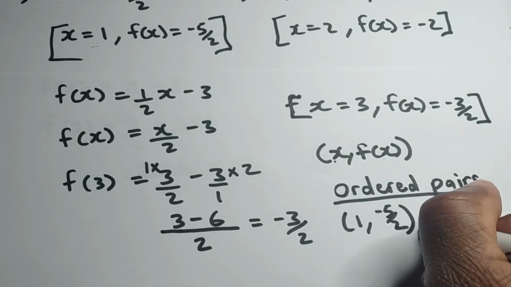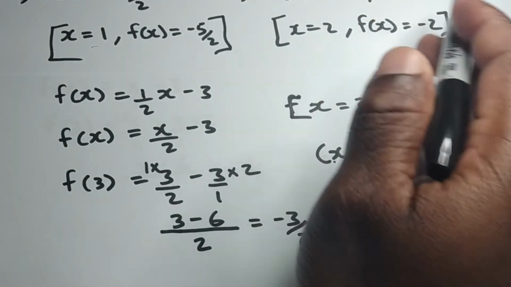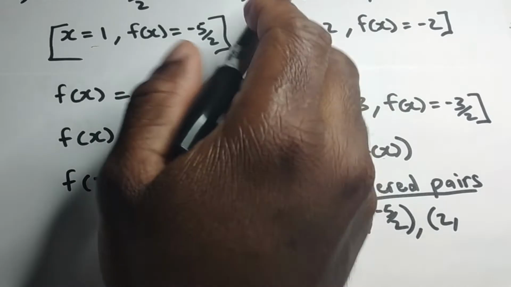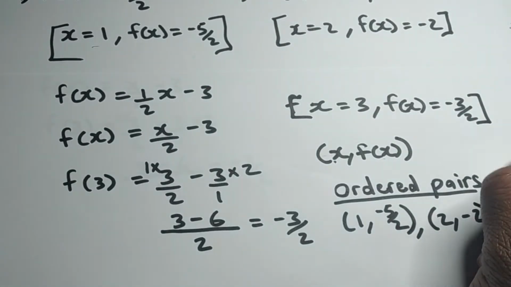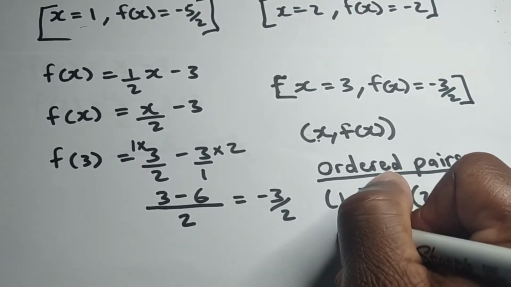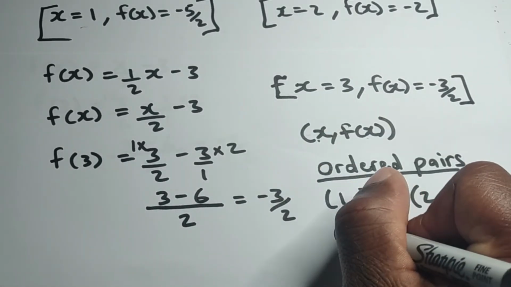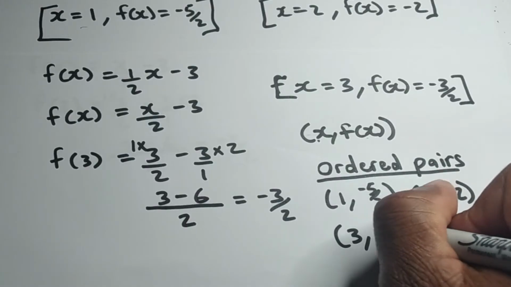So this is one ordered pair. The next one is when x is 2, and the x comes first, then the f of x value, which is negative 2. Then I'll put the next one down here. For this one, when x is 3, my f of x value is negative 3 over 2.